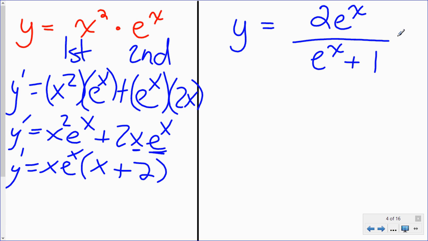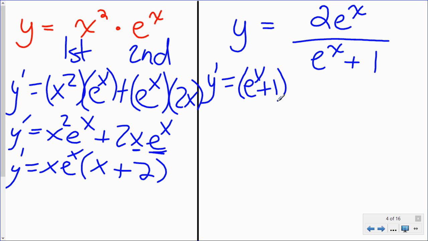In our next example, we're going to have to use quotient rule because we have a quotient. It's 2 times e to the x divided by e to the x plus 1. So remember, quotient rule is low d high.